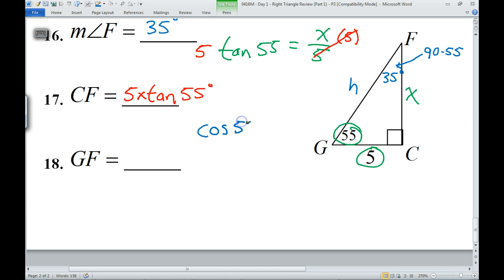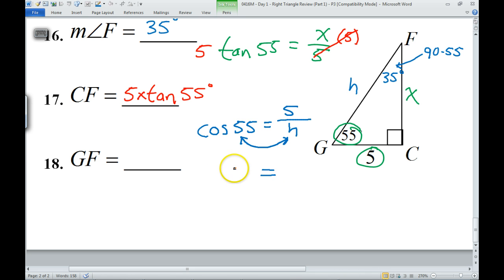So the cosine of 55 would be adjacent leg over the hypotenuse. Now, how do I get this H by itself? How do I get the hypotenuse by itself in this case? Were you thinking that we would do the shortcut and reverse the position of these two?